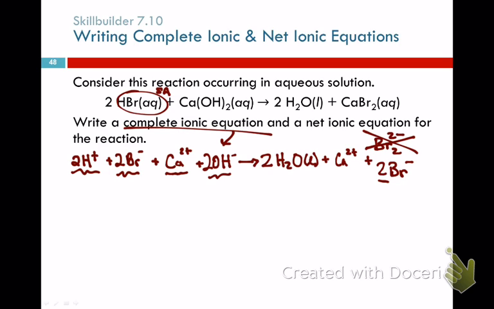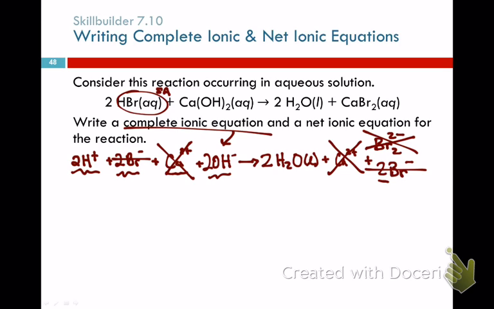So which ones do I get rid of? I can get rid of calcium. And as you do this, do it from both sides. And then bromide. I try to use different marks for the different things, so it's a little easier to see, but you don't have to do that. I just do it for my own mental sanity, which I don't have much of.